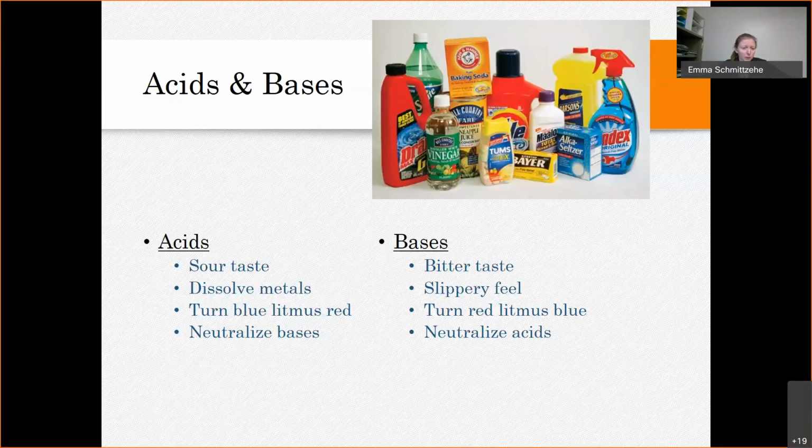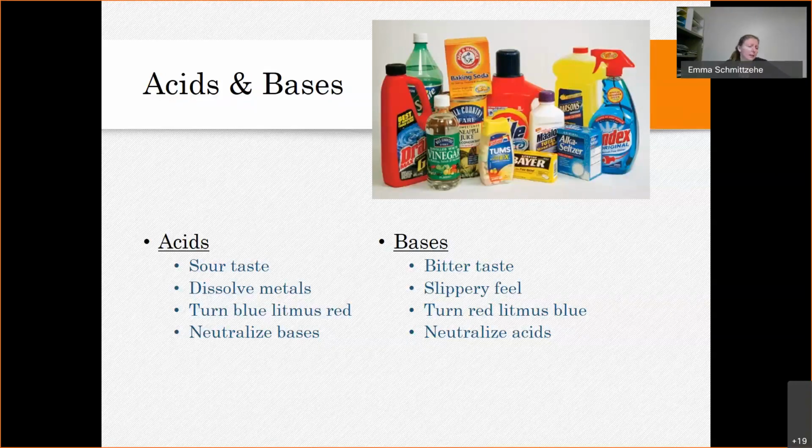You can have actual pH paper that changes different colors for different pHs. And then there are other types of indicators, things that you could add to a solution that would change to a certain color depending on if something is acidic or basic, or above or below a certain pH. That's something you'll look at in next week's lab. You'll look at actual pH and different indicators.